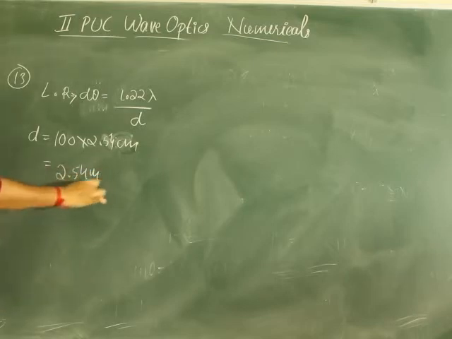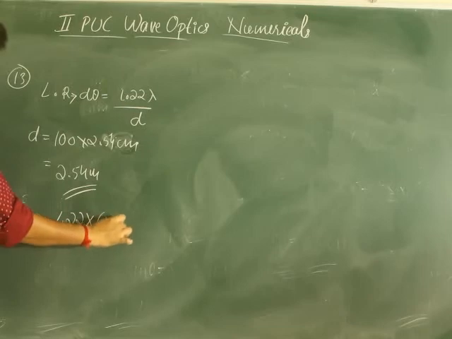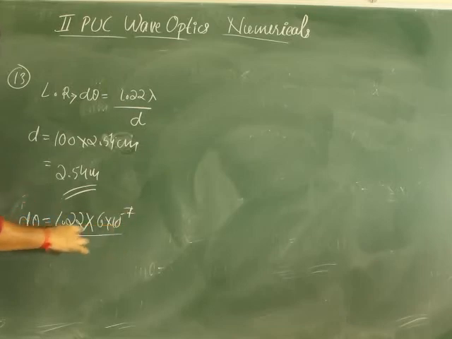So you will get 2.54 meter diameter. So limit of resolution d theta equal to 1.22 into lambda value, which is given in the question. Lambda value 6000 angstrom, that means 6 into 10 power minus 7, divided by small d value.